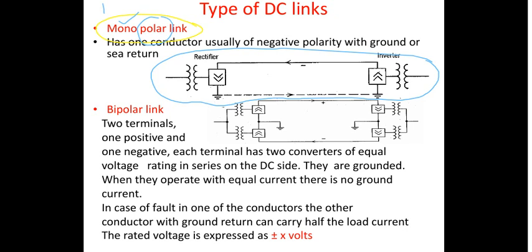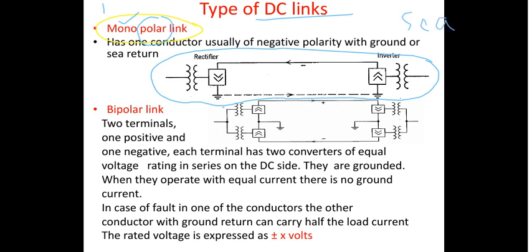What I mean by earth or sea is, if you have a DC link which is intercontinental, and it passes across the sea, then the sea bed will be acting as the return path for the current. Otherwise, the ground itself is acting as a return path, right?